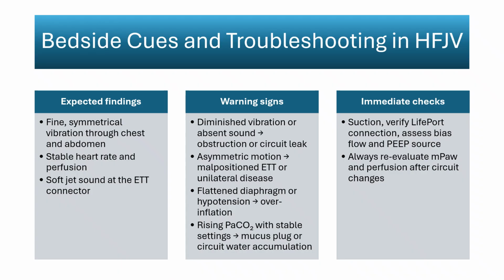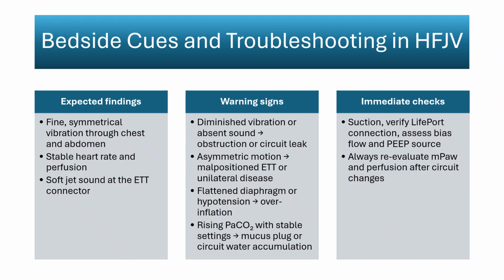Asymmetric motion suggests main stem intubation or unilateral disease, limiting transmission of jet flow. Stable heart rate, color, and perfusion reflect adequate oxygenation and cardiovascular tolerance. Hypotension developing after an increase in PEEP or driving pressure signals overdistension and should prompt a small pressure reduction.